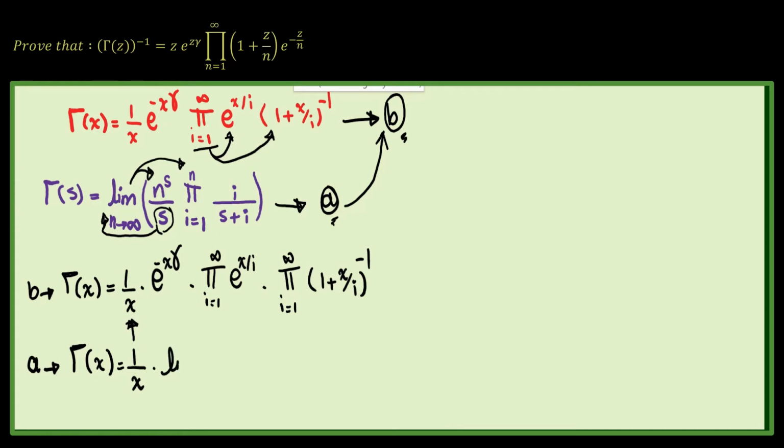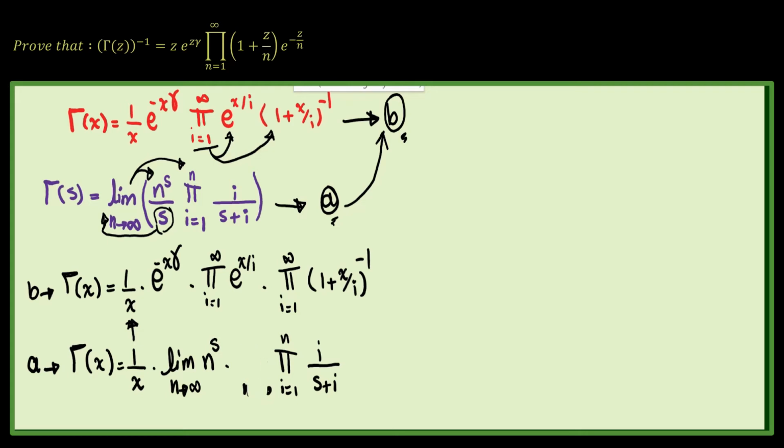So we can write limit n goes to infinity of n to the s multiplied by limit n approaches infinity of pi i from 1 to n of i over s plus i.